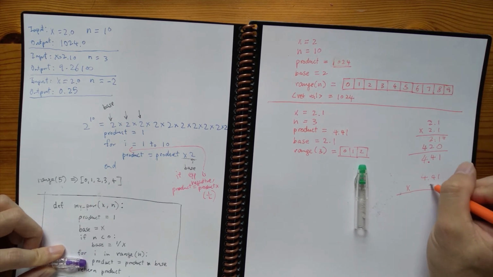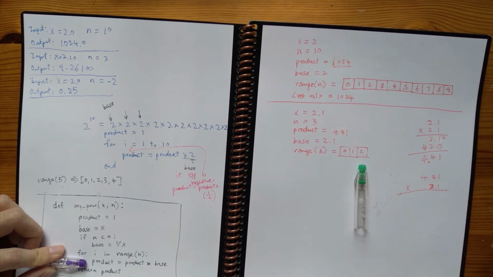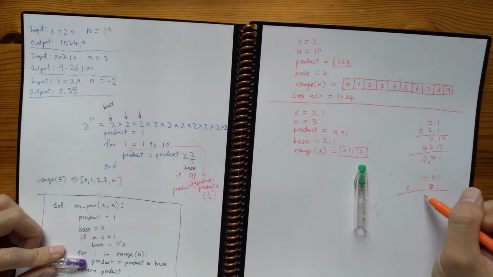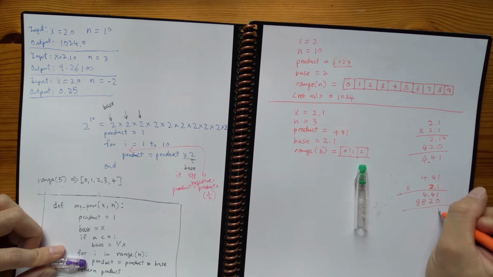Actually, I really don't remember how to do this, but I'm going to try my best. 4.41, and then 2, I'm going to put a 0 here and put 2 times 441, which is going to get us 882. I'm going to add these digits together.